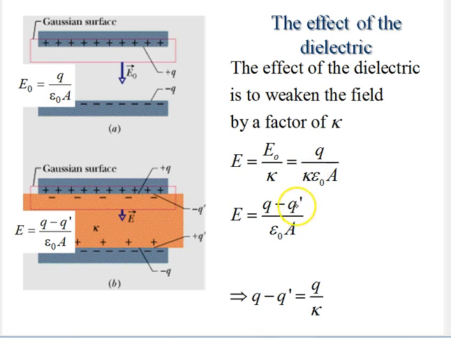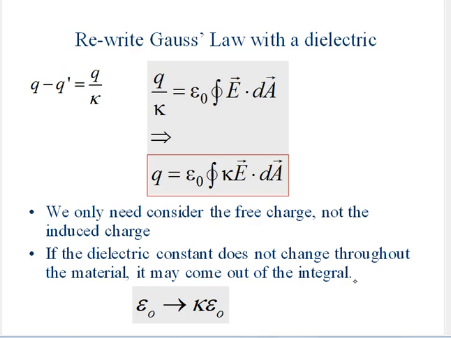So we know that's what our electric field should be. Relating that to our Q minus Q prime in Gauss's law, that makes our Q minus Q prime, the free charge minus the induced charge in the dielectric on the surface of the conductor, equal to our free charge divided by our dielectric constant kappa. And we can derive that using Gauss's law as we did.